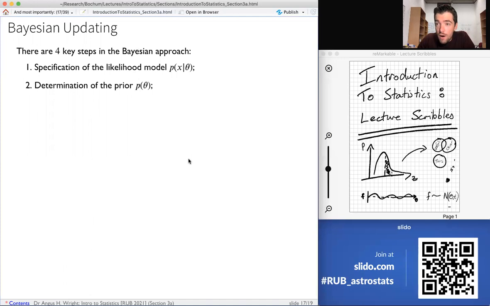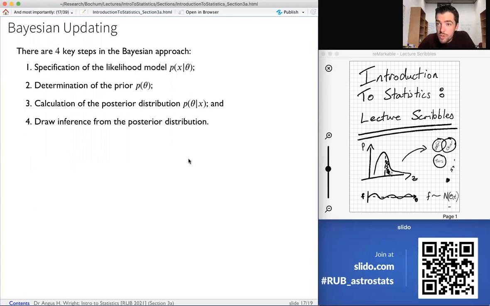You need to define the prior belief that you have over the value of theta, or the distribution of possible values of theta, before observing any data. Step 3 is calculate the posterior probability distribution using Bayes' theorem. And step 4 is use the posterior probability distribution to draw your inference.